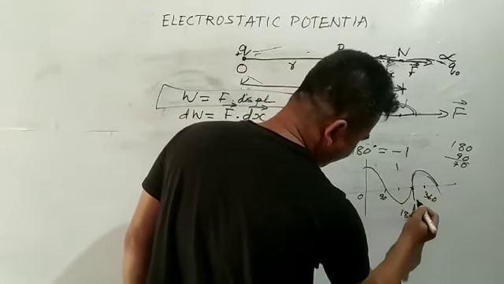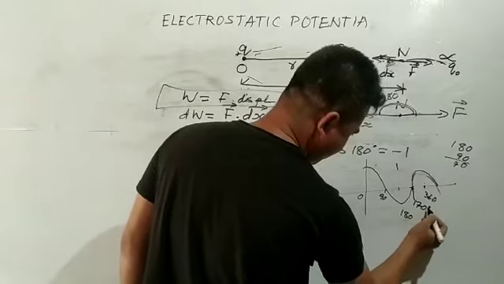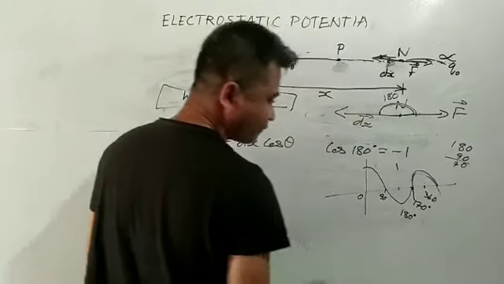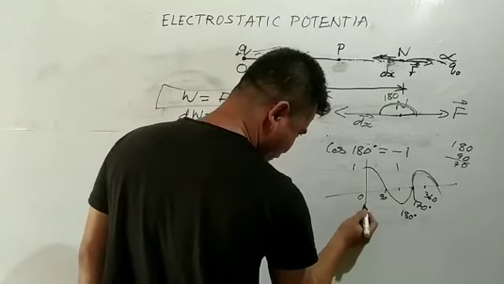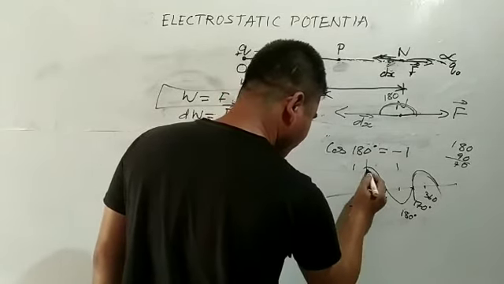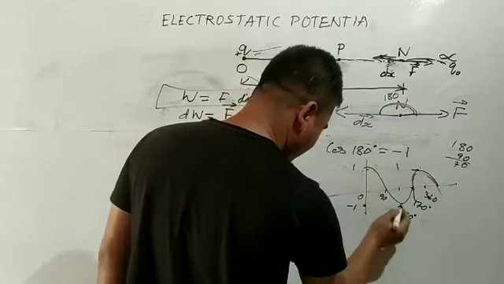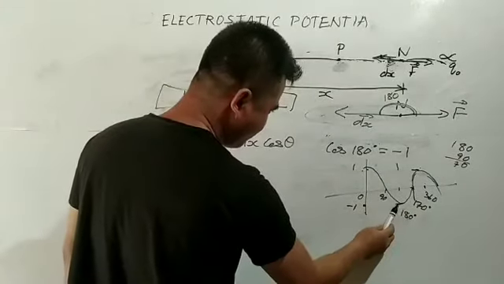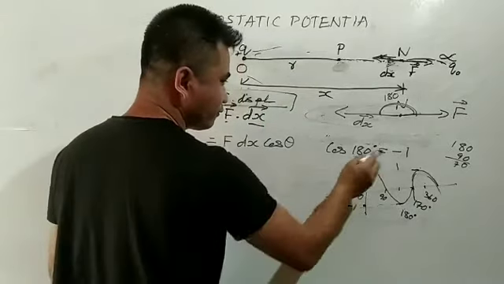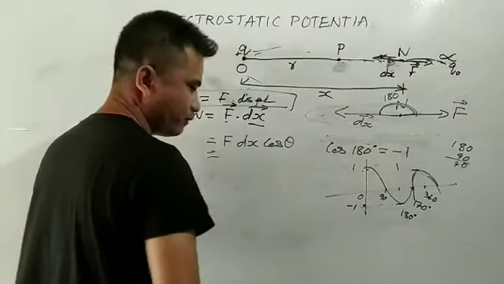This point is plus 1 and this point is minus 1. So 180 is minus 1. So cos 180 degrees is minus 1.